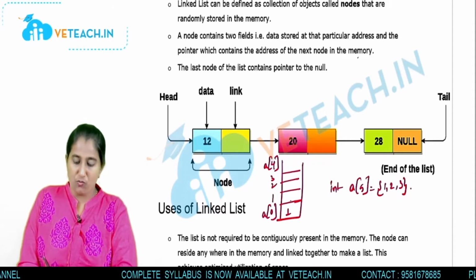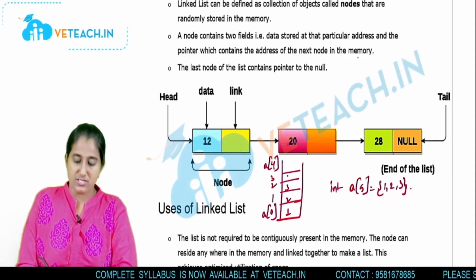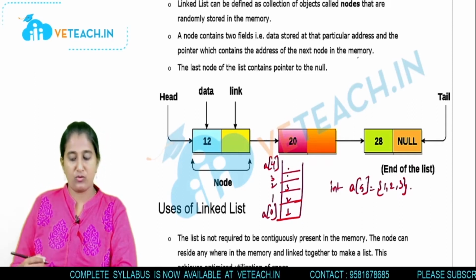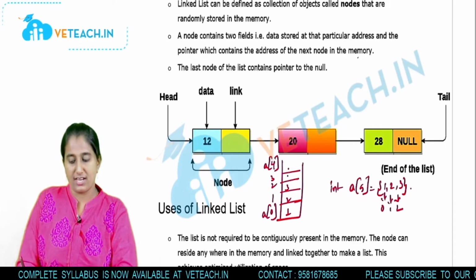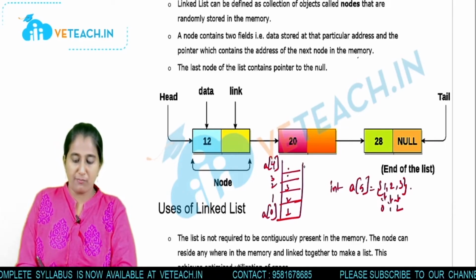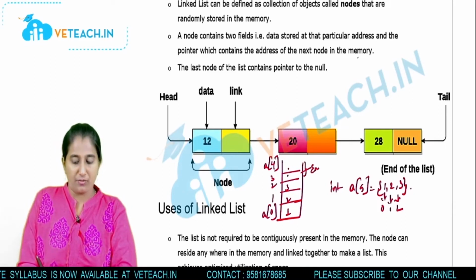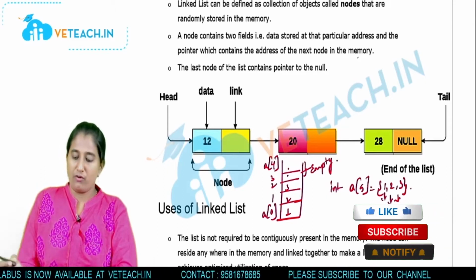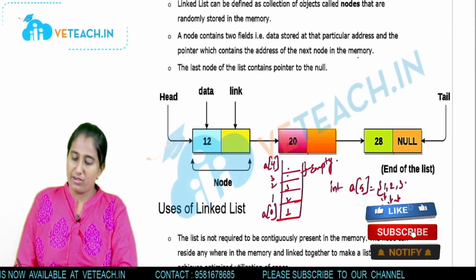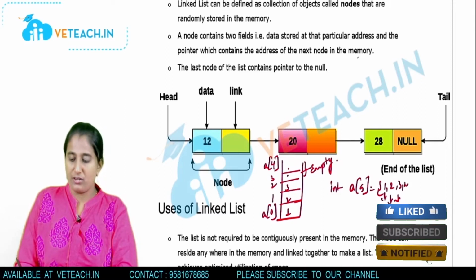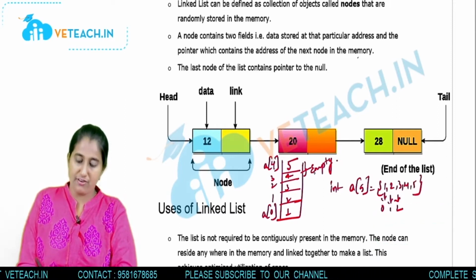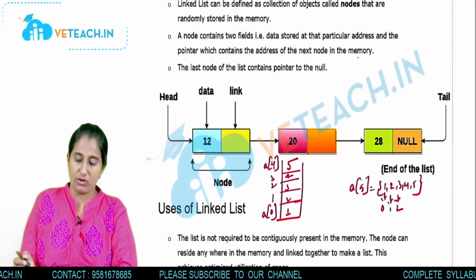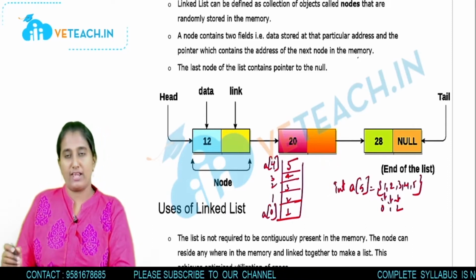So 1, 2, 3 are stored in the first three positions, whereas the fourth and fifth positions are empty. Now I am giving two more elements, 4 and 5. So 4 and 5 have also been inserted. Now all the elements have been inserted.